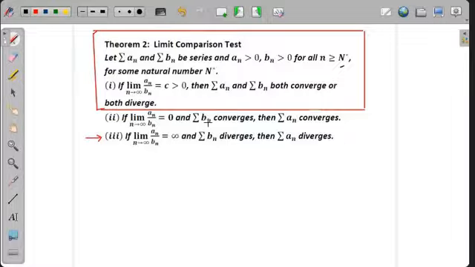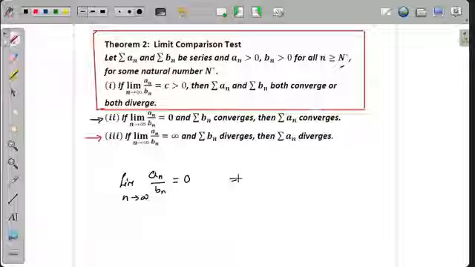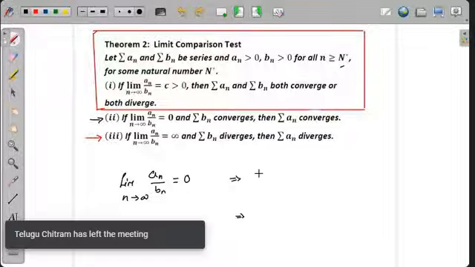And when it comes to statement 2, they are saying that the limit is 0. Limit n goes to infinity, an over bn equal to 0. So if the limit is 0, it means what?